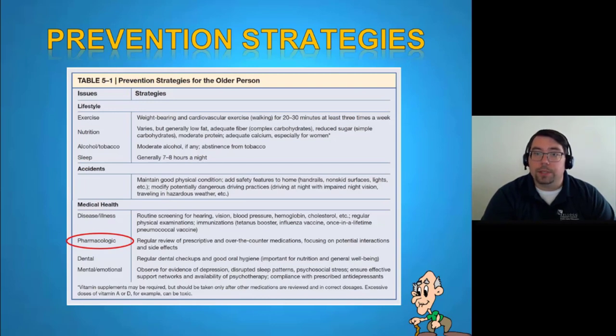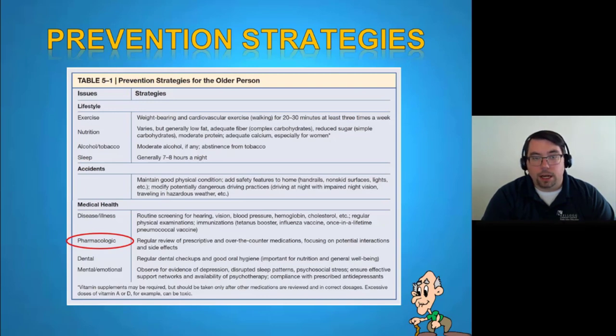Some of these issues and strategies are relatively simple. Exercise, right, so we want to make sure that these patients are getting as much cardiovascular activity as they can. 20 to 30 minutes 3 times a week would be ideal. Nutrition is another important aspect of that.